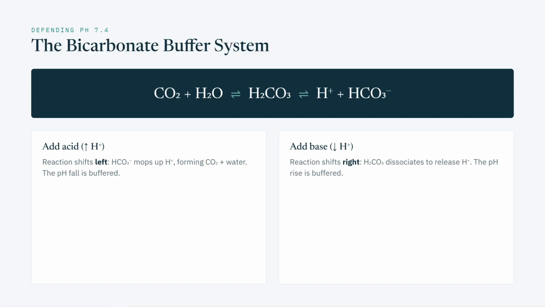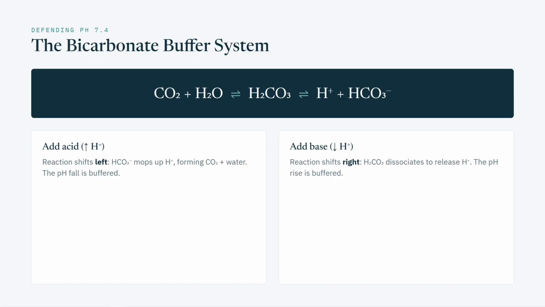Last big theme, pH, held in the tiny window of 7.35 to 7.45. The first line of defense is the bicarbonate buffer system. This reversible chain links CO2 and water on one end to hydrogen and bicarbonate ions on the other. Watch what it does under attack. Add acid, extra hydrogen ions, and the reaction shifts left.